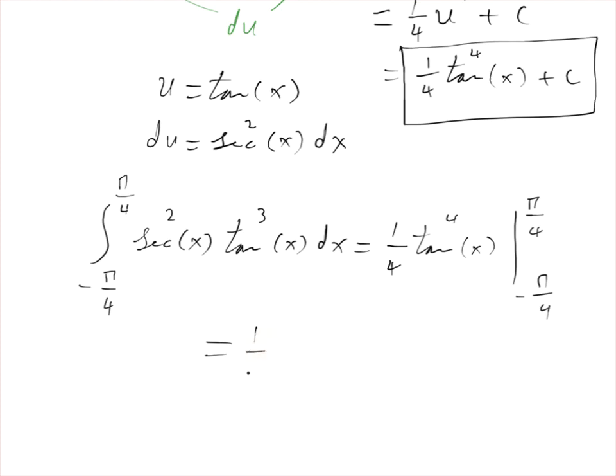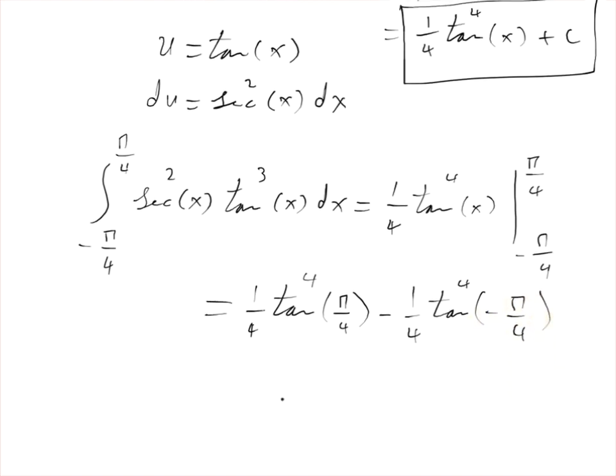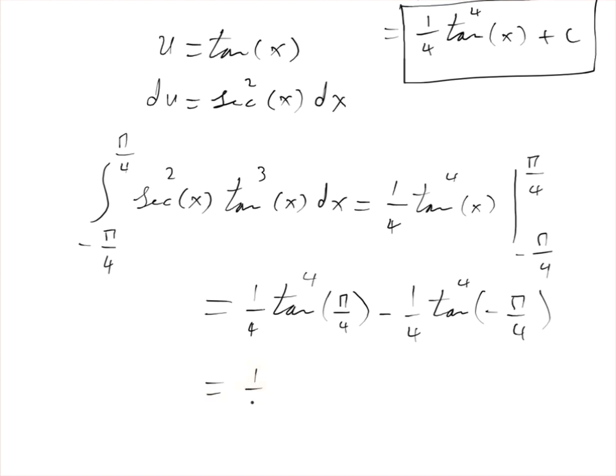So this is 1/4 tangent to the 4th of pi over 4 minus 1/4 tangent to the 4th of minus pi over 4.